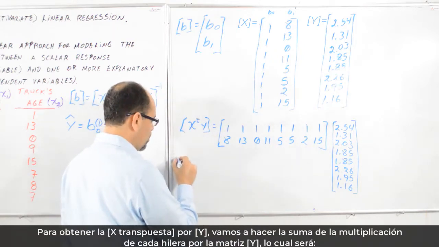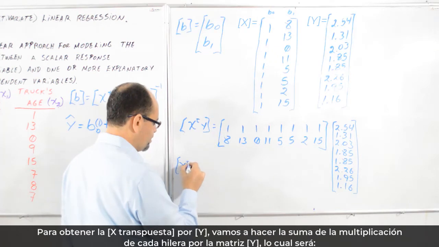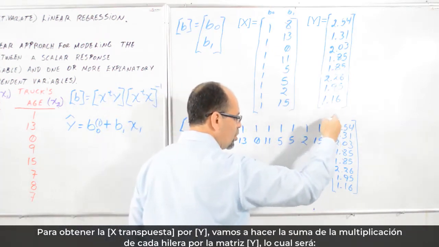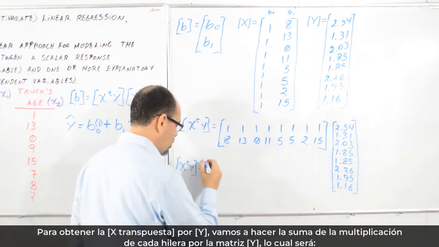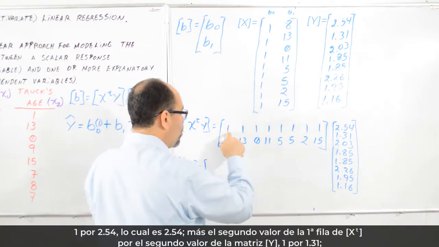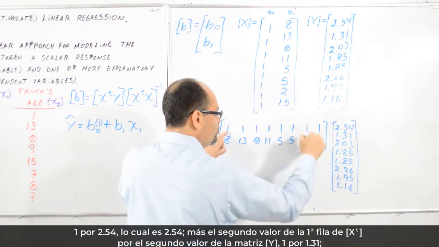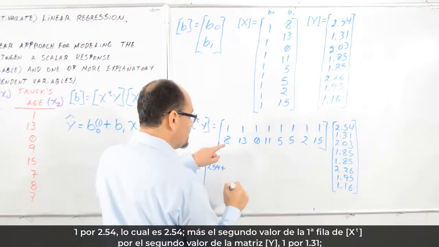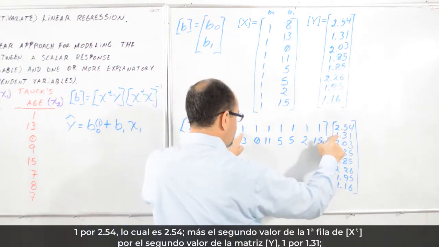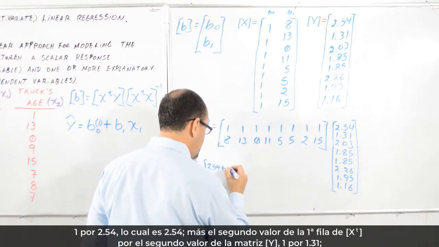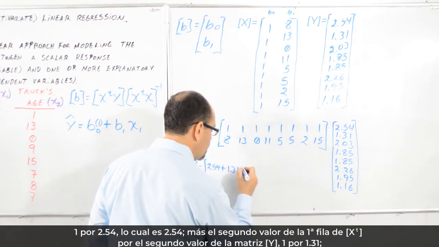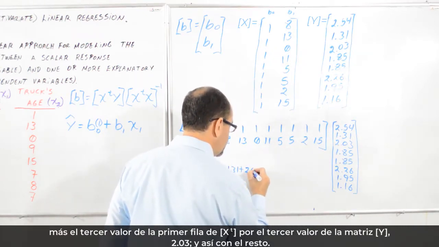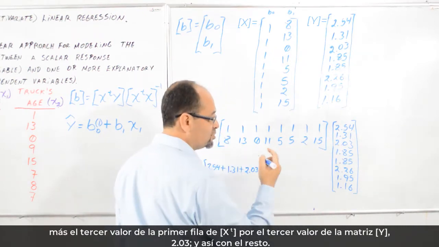Then X transpose Y, we are going to multiply the first row times the column, which will be 1 times 2.54 plus second with second, 1 times 1.31 plus third with third, 2.03, and so on.